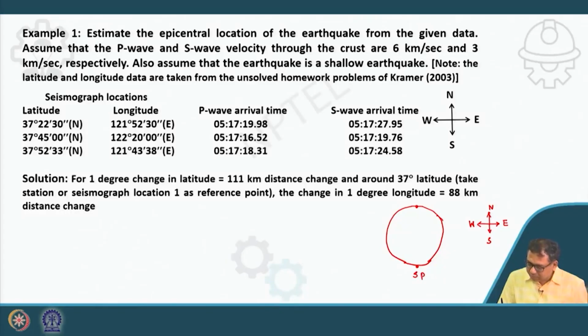This is the equator. Then I can draw this, the prime meridian.